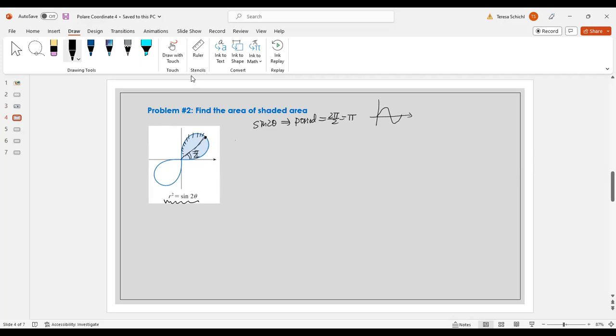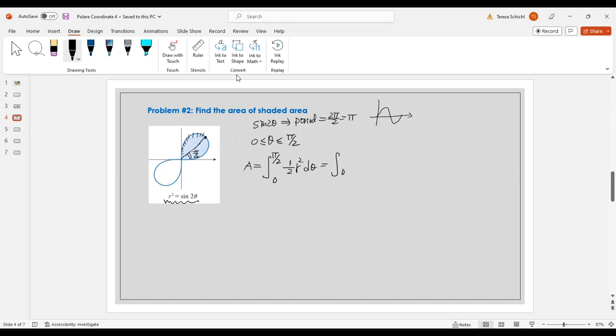So I know this shaded area is defined by theta from 0 to pi over 2 here. After we get that, then the area will be pretty easy. So A is equal to the integral from 0 to pi over 2 of 1/2 r squared d theta.